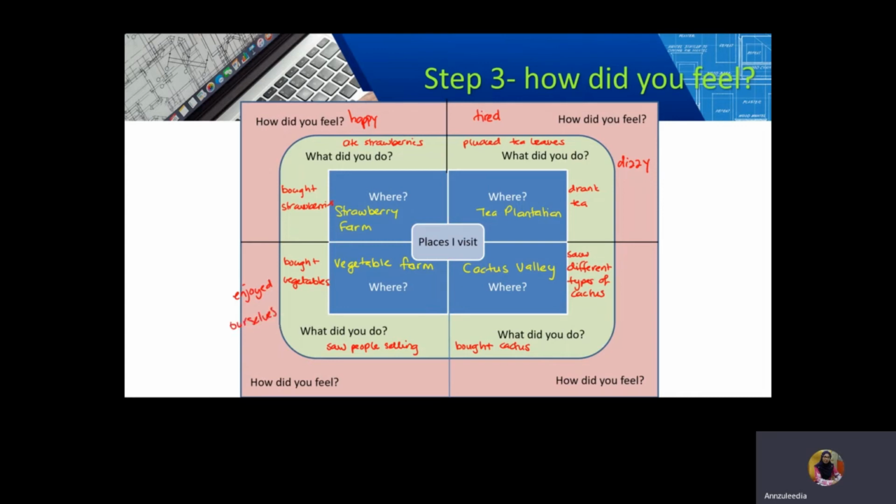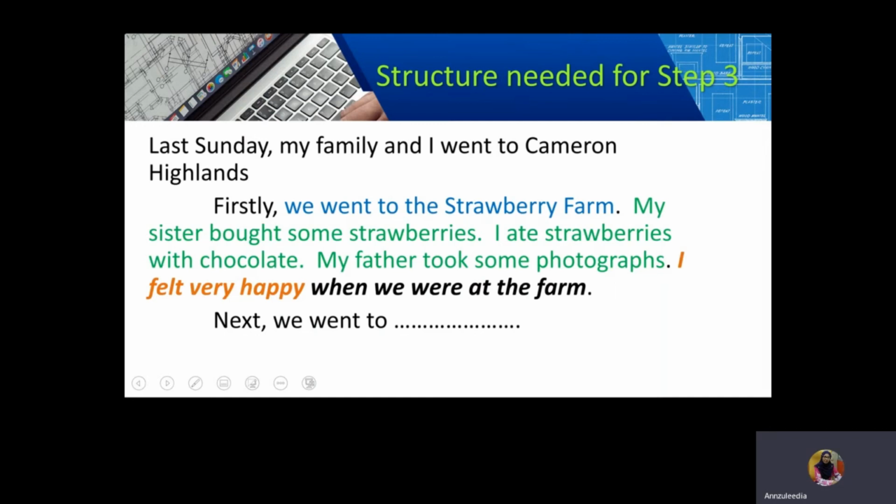All right, what about here? How did you feel here? Maybe excited because you saw different types of cactus or cacti. Okay, so you have completed the third layer. Okay, so we can further write the next sentence. I felt very happy when we were at the farm.